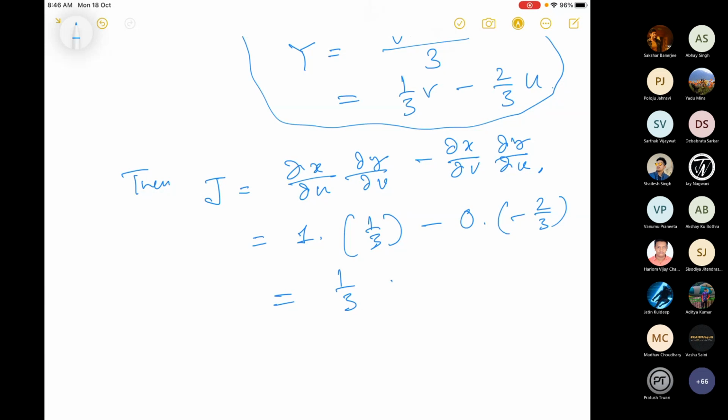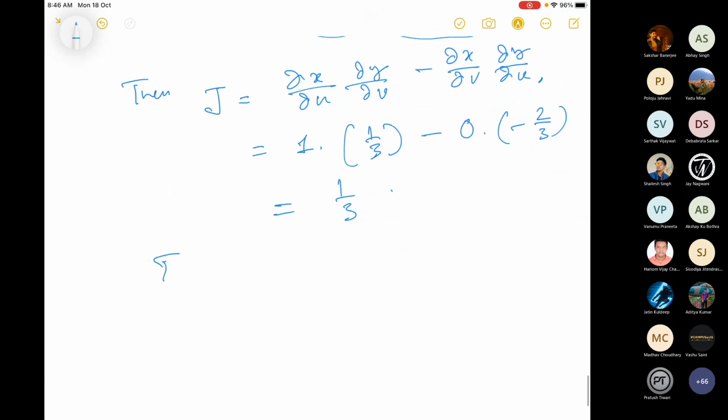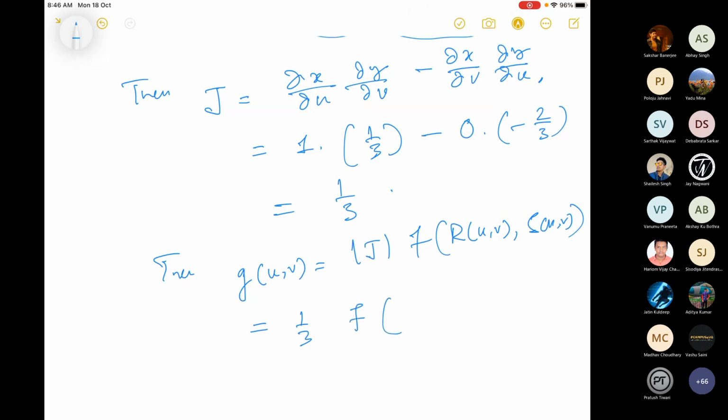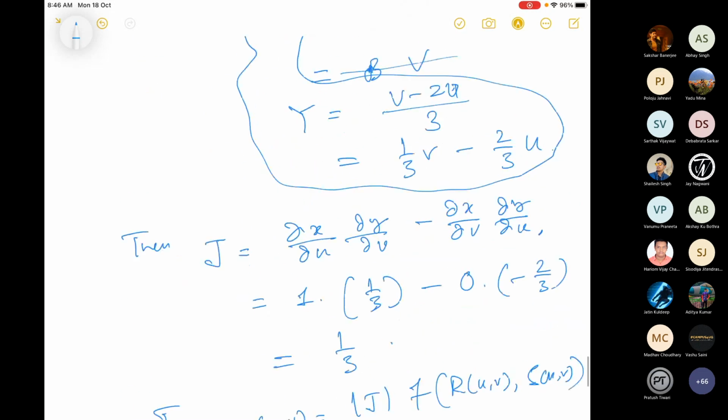So once we have that, we can compute that g of u, v is equal to mod J times f of r(u,v), s(u,v), which is 1 by 3 we got, and f of r is u, since x is equal to u.